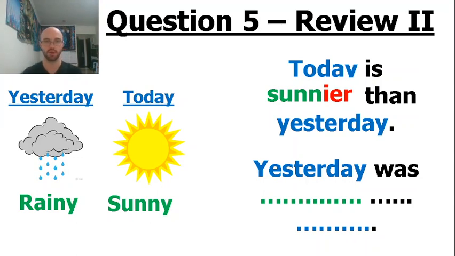So, you should have tried the answer. Can you tell me, yesterday was, what adjective do we use for yesterday? Yesterday was rainy. What do we do to rainy in a comparison?